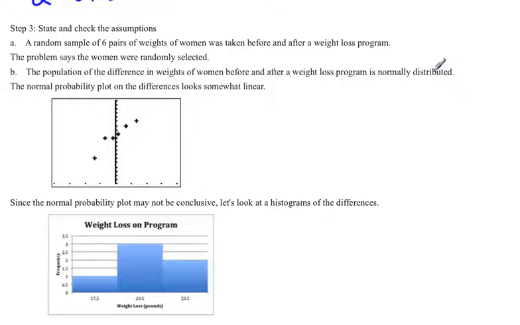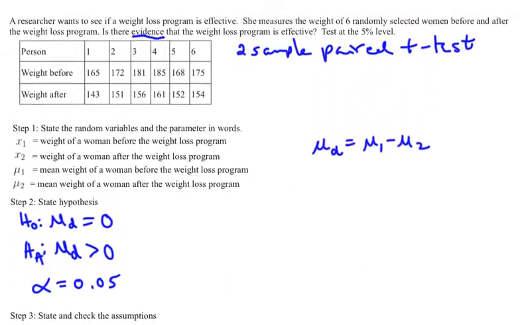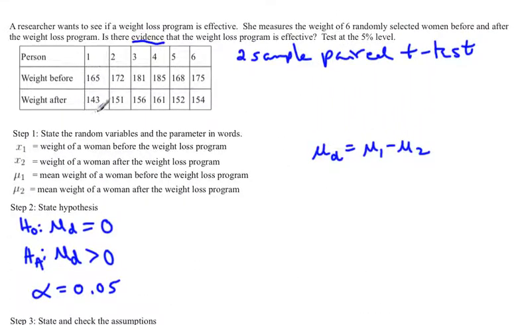So we actually don't care about the individual weights, we just care about the difference. So it's more thinking about how much did they lose. So if I looked at before and after for this first person, I would find that the difference is 22. So that person lost 22, and that's more important than their individual weights.